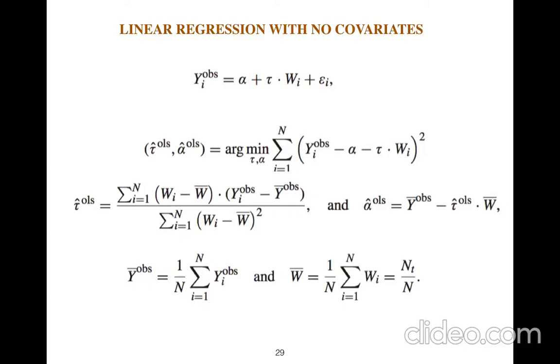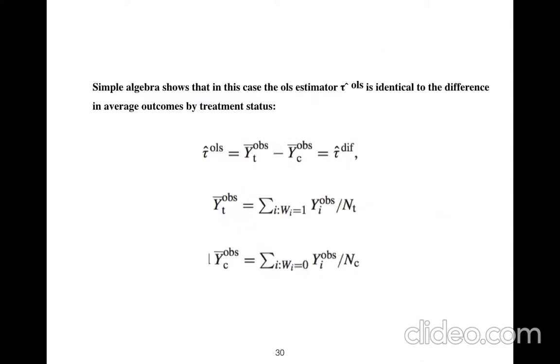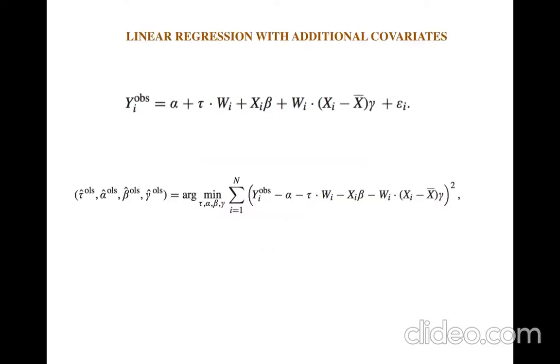The interesting thing is, if you solve this regression problem, this simple linear least square problem, you come up to this result that shows that in this case the ordinary least square estimator is identical to the difference in average outcomes by treatment status. And you can also add your covariates variable, which is X, and have a better solution.